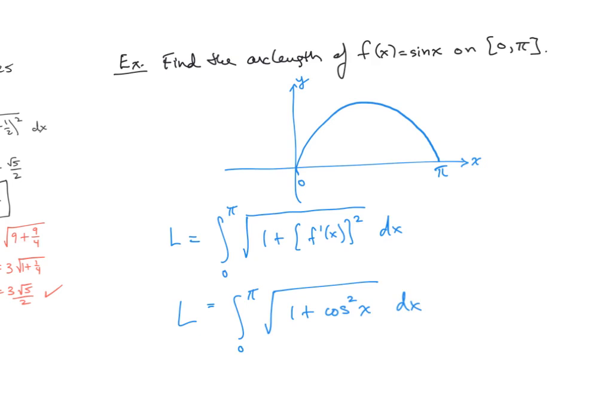So I guess the moral of the story here is two things. First, the arc length of a curve, if you don't choose your examples carefully, can be quite hard. It can result in an integral that is pretty complicated. The formula has a square root of 1 plus something squared.